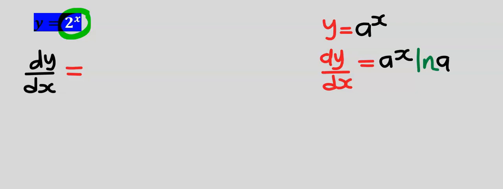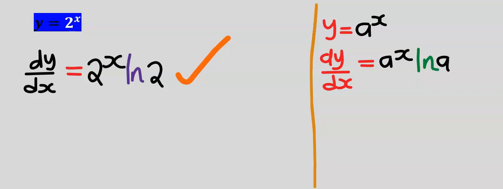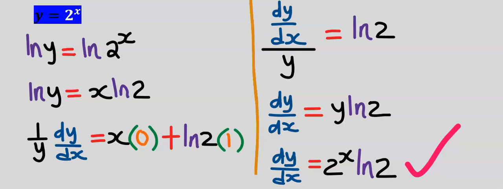Here we have 2 to the power of x. Next, multiply it with natural log of that integer without the x. And this is our dy dx, which is the same answer as we obtained earlier.